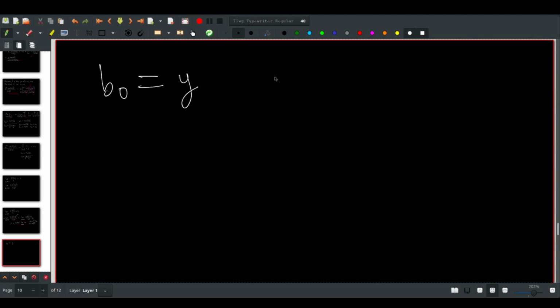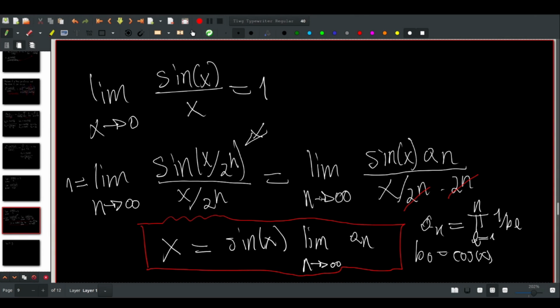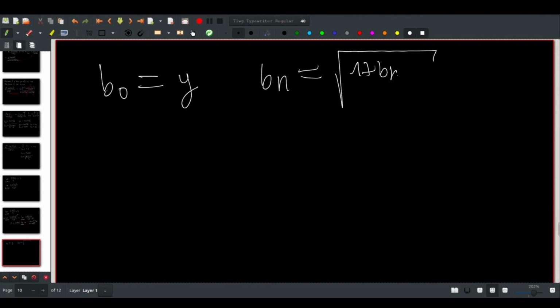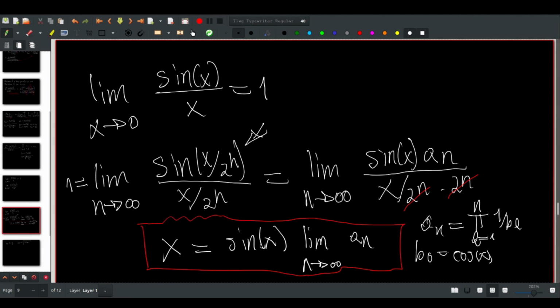So perfect, this is my desired variable. So now the sequence is b_0 is y, and these did not change. The way the b's are defined recursively is not changed. It's 1 plus b_(n-1) divided by 2. What has changed are these things.